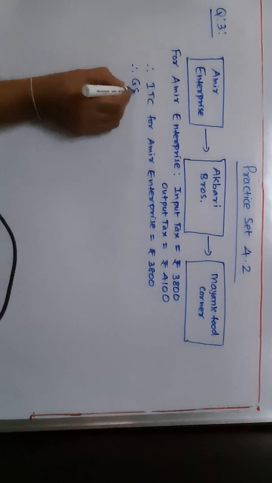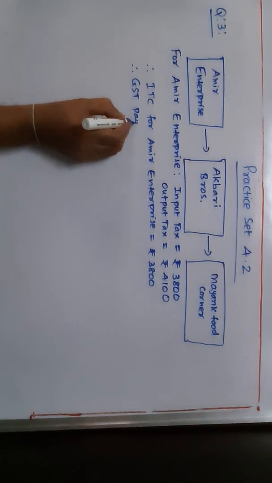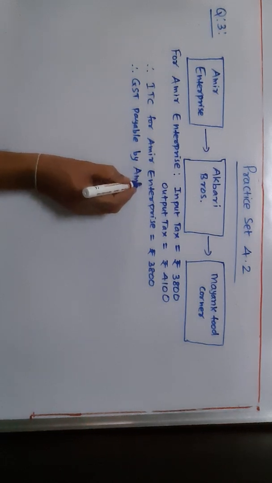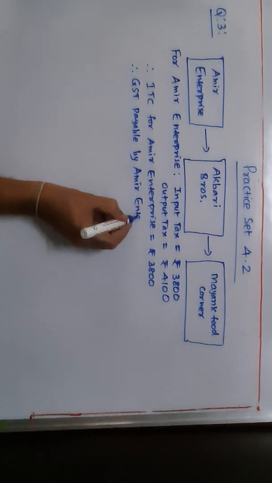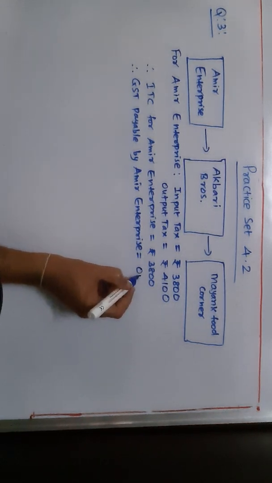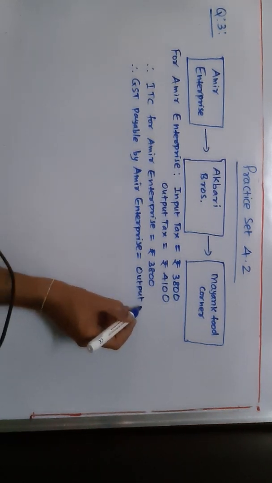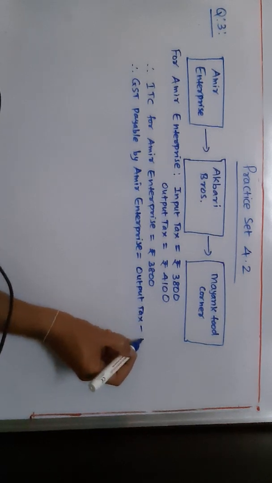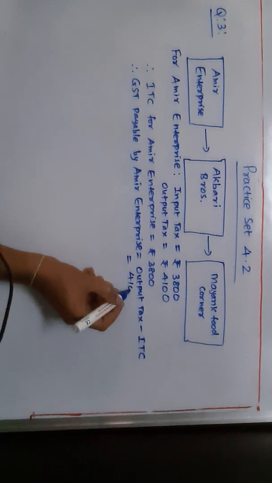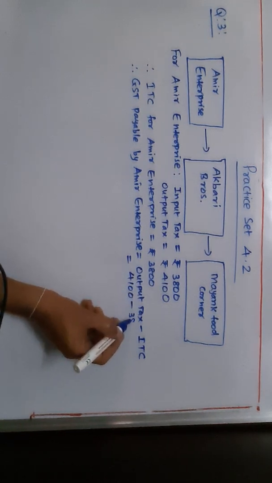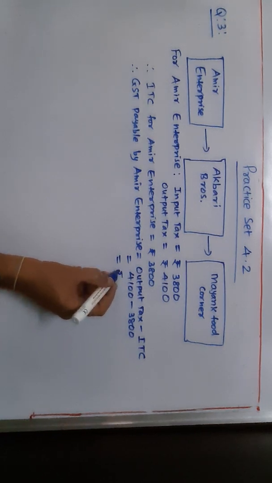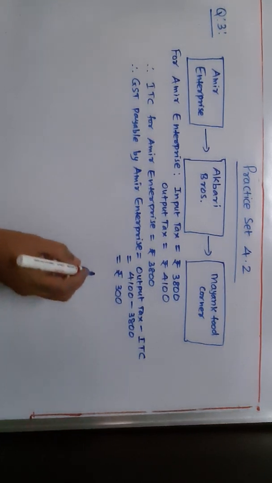Therefore, the GST payable by Amir Enterprise will be equal to, remember the formula, output tax minus ITC, the input tax credit. The output tax is 4,100 and 3,800 they had already paid; this is the credit. So the difference is rupees 300, and this is the GST payable.